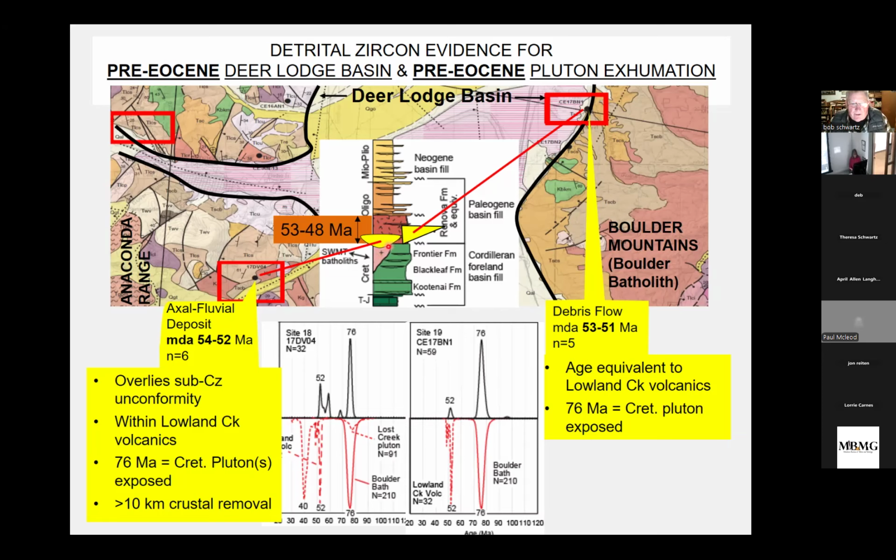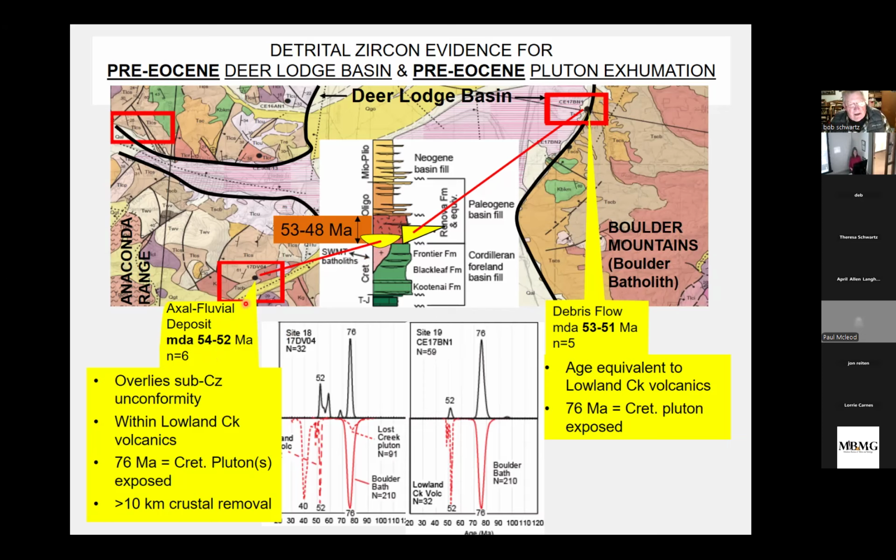So it sits right upon the unconformity surface, right upon the erosional surface, and the maximum depositional age, because of volcanic grains for that, is 54 to 52 Ma. The oldest grains are 54, which is equal to or a little bit older than the time of detachment in the Anaconda system.